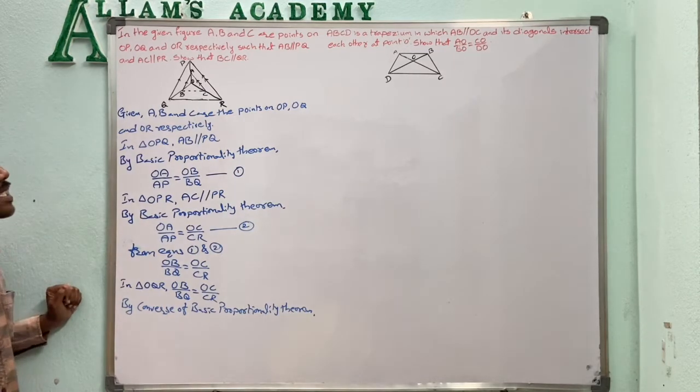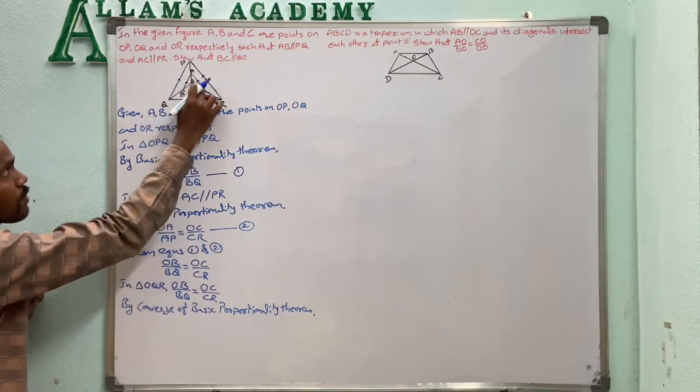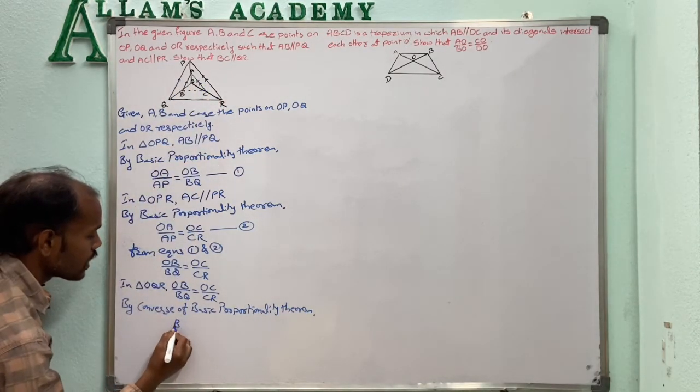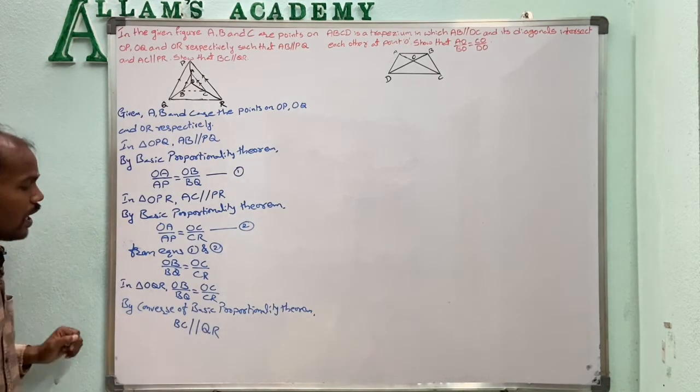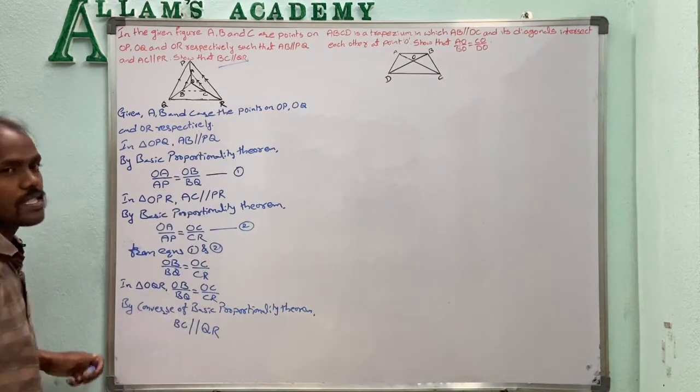Now we can say that line segment BC is parallel to line segment QR. That is our result.